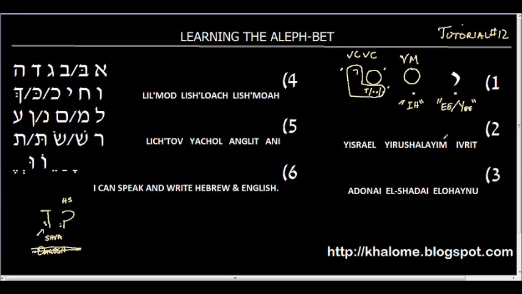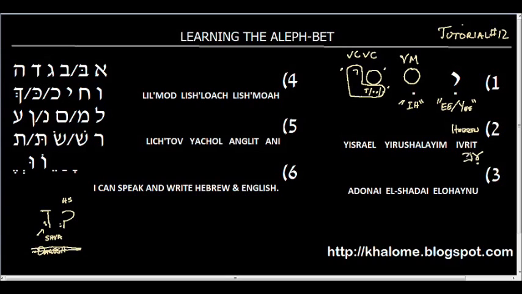So the first word we're looking at is ivrit, and I'm going to write it down below in Hebrew. Ivrit in Hebrew means Hebrew. This is how you would say Hebrew. It will begin with an ayin with a hidik beneath it.